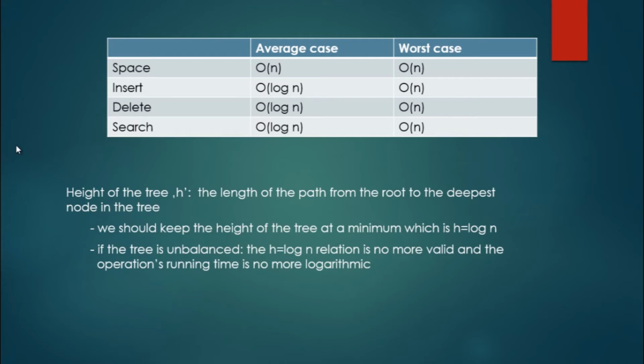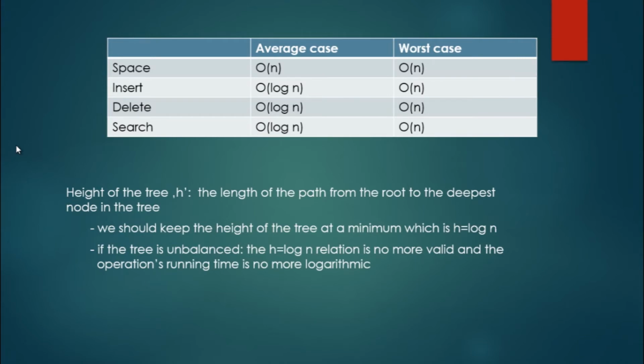Another important parameter is the height of the tree. We usually denote it with h, the length of the path from the root to the deepest node in the tree. This is the definition of the height of a given node. The height of the tree is the height of the root node. We should keep it at a minimum, which is h = log n.